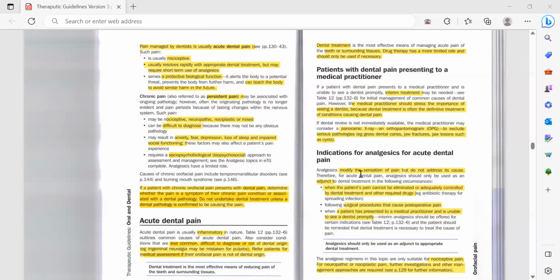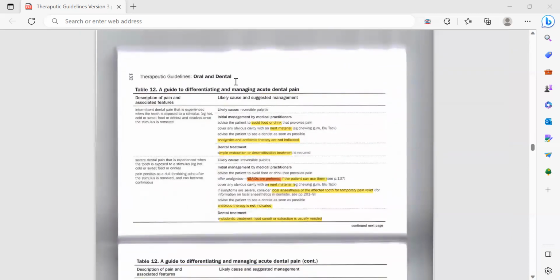Analgesics modify the sensation of pain but do not address its cause. So, what you need to do to address the cause of pain is the active dental treatment. Therefore, for acute dental pain, analgesics should only be used as an adjunct to dental treatment in the following circumstances. As we read in this table, we do not need to prescribe analgesics in every case.